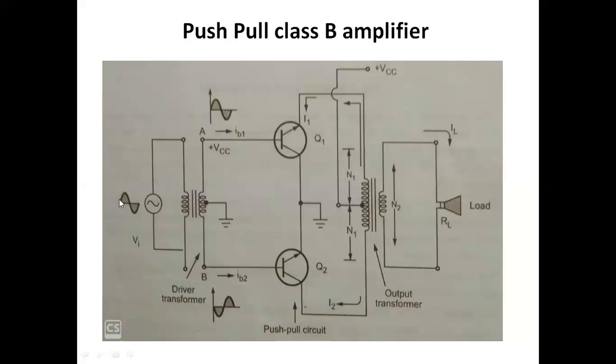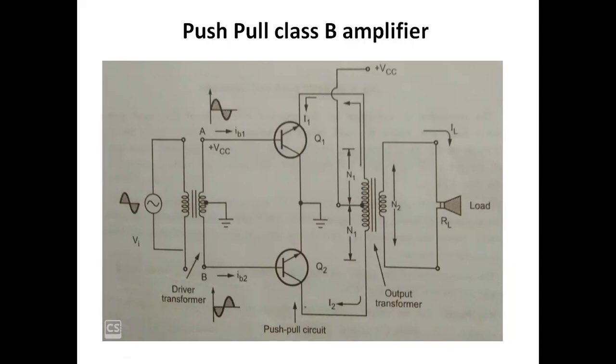So during the positive half cycle, the voltage at point A becomes positive and the signal at point B becomes negative. Because of the positive half cycle, transistor Q1 conducts, and because of the negative half cycle, transistor Q2 does not conduct. Q1 is on, Q2 is off. When it is on, the current IB1 appears at the collector.